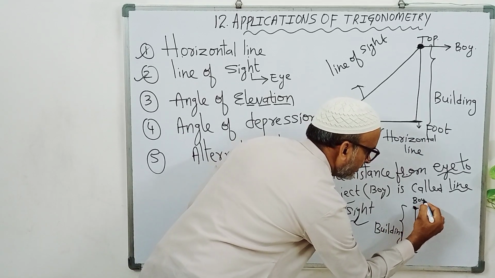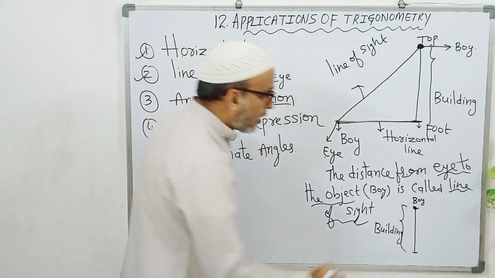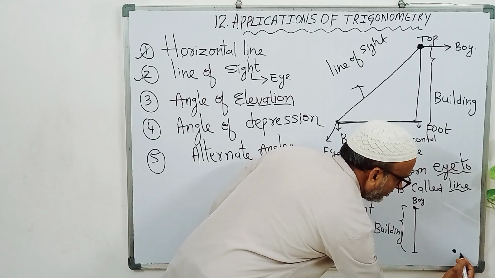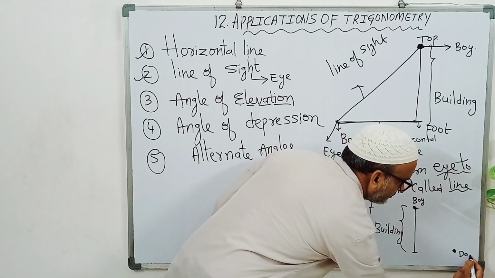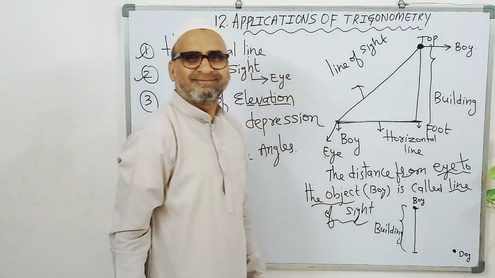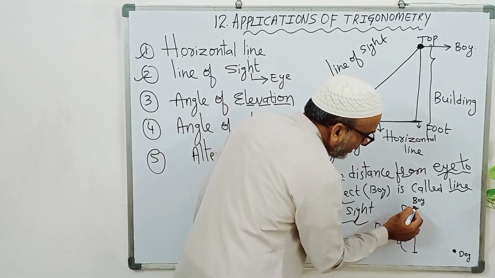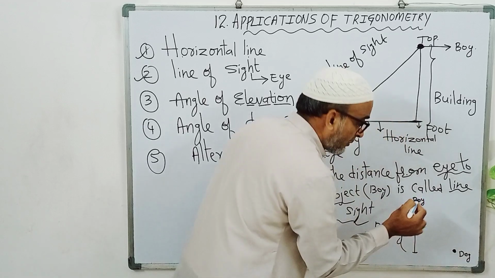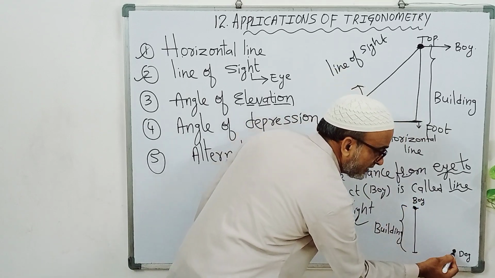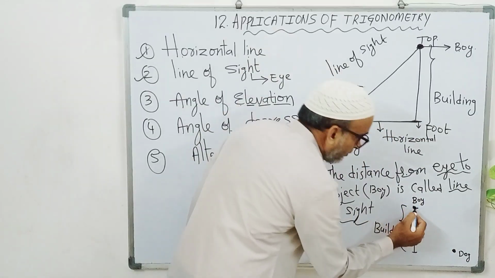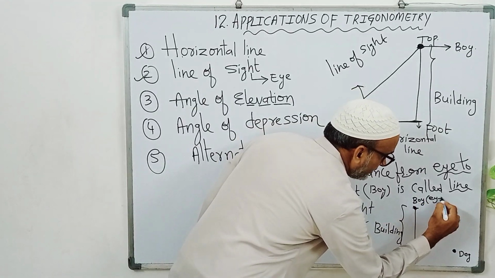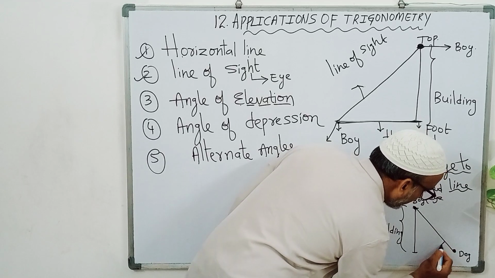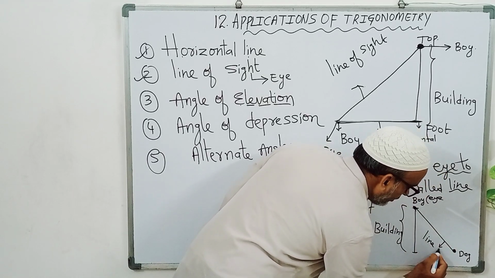Now the object here is one item, a dog. From the boy, from top to bottom, he is seeing. From this eye to the dog I am joining. Again this is line of sight.